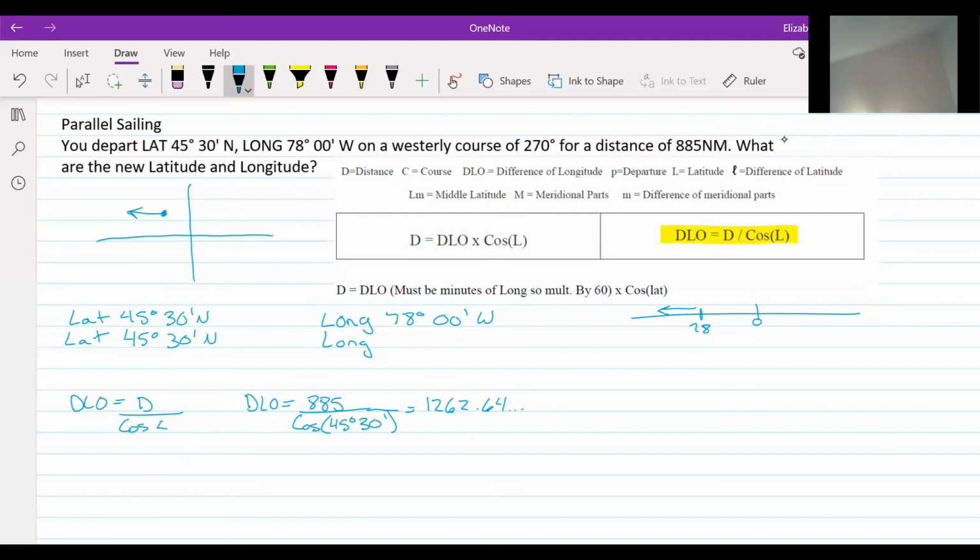So this number is in nautical miles or in minutes. How do we change that to put it into degrees? We'll divide it by 60. We're doing the opposite of what we did in the previous problems when we multiplied by 60.